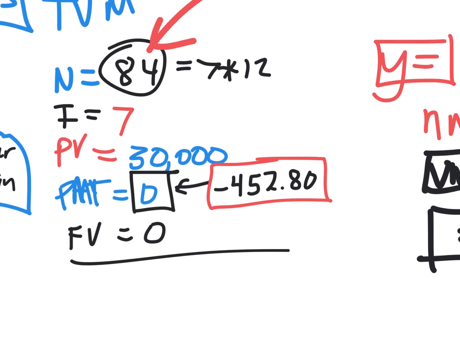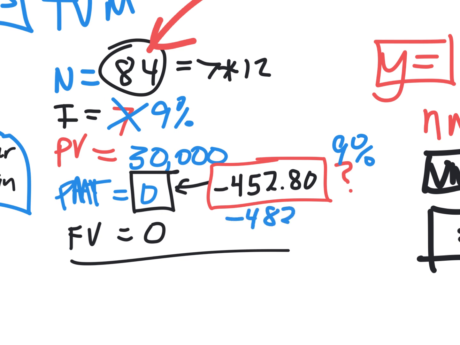I'm not going to have us change the whole problem, but I want to know how much would the payment be if you had to pay 9% interest versus 7% interest? Go back to your TVM solver and just change it to 9% interest. Negative 482 point what? 67?